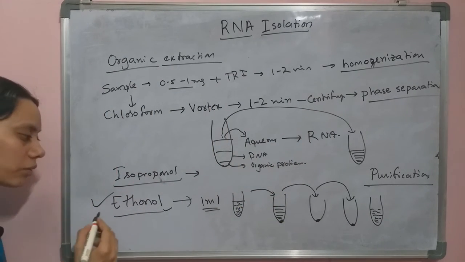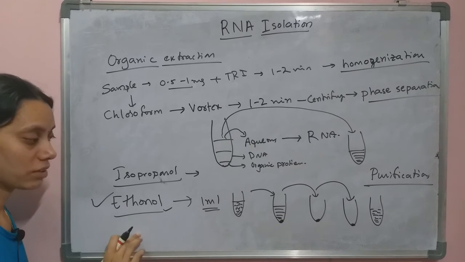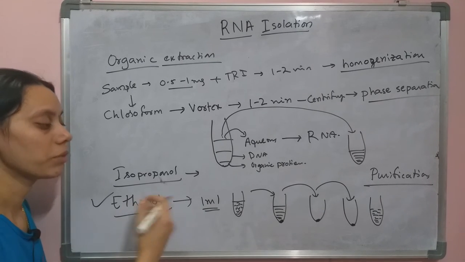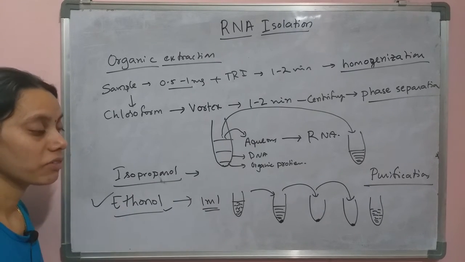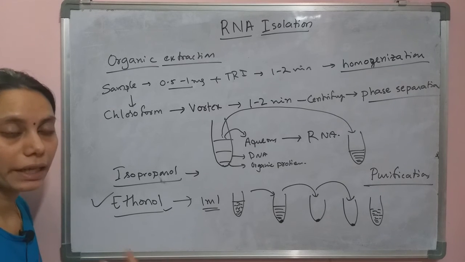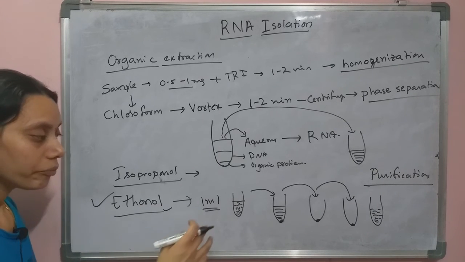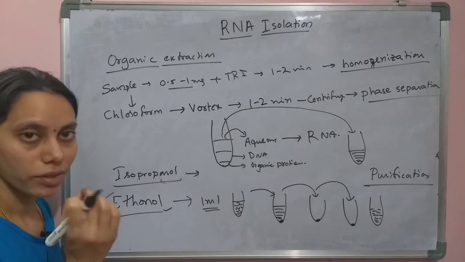So after washing with ethanol, 1 ml of ethanol will be added that will precipitate all the nucleic acid present in the solution, and you can observe small thread-like structures.